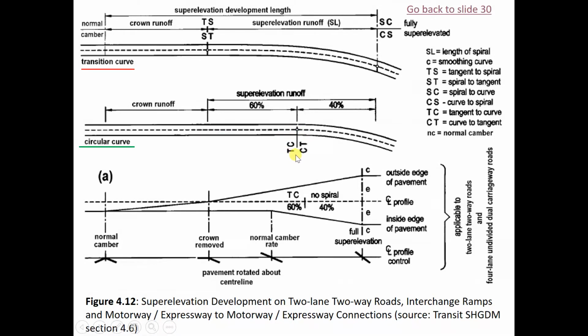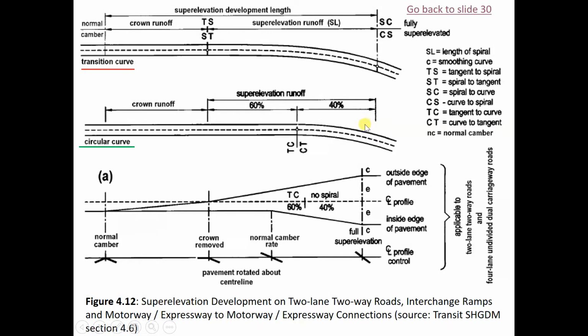We have this called the TC, tangent to circular, or the other side will be circular to tangent. So this point actually is 60% of the lane, the super elevation runoff from the TC, and then towards full super elevation there is still 40% of the lane to cover.